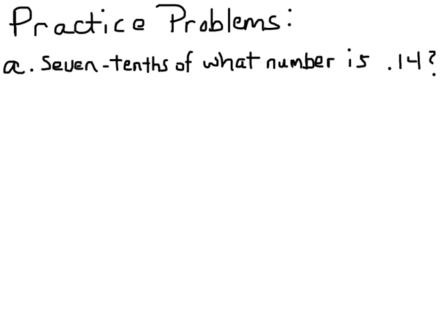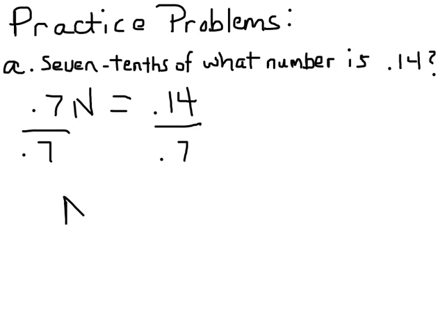Alright, so let's work our practice problem here. 7/10, and we're going to write it as a decimal, not a fraction, of what number is 1400. So I need to divide by 7/10 on both sides, and I will get n equals 0.14 times 0.7, move this 1, move this 1, move it up.